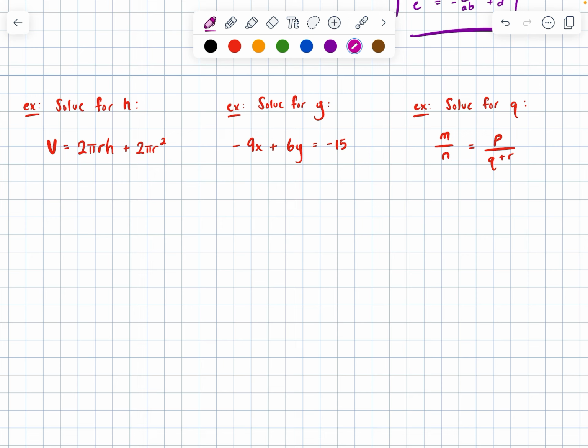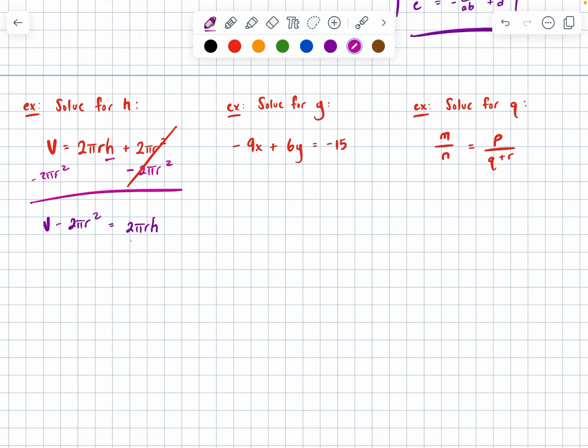I want to get h by itself. So I'm trying to get this h here alone. Well, let's get rid of that 2 pi r squared first. Minus 2 pi r squared from both sides. On the right side, they undo each other. I've got v minus 2 pi r squared equals 2 pi r h.